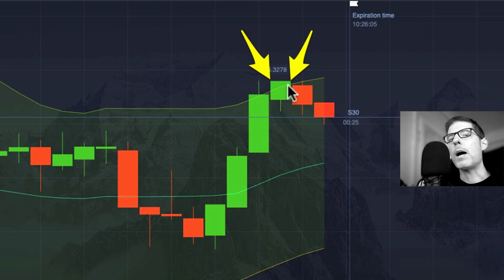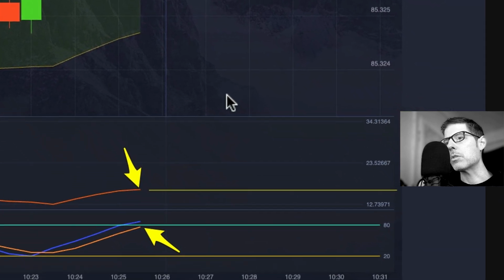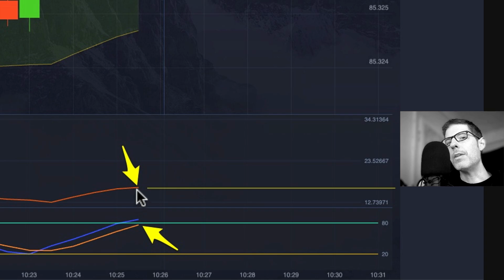Now, you also want to keep an eye on the ADX indicator, which is down here. This orange line needs to be below 20% on the ADX, or you do not enter.